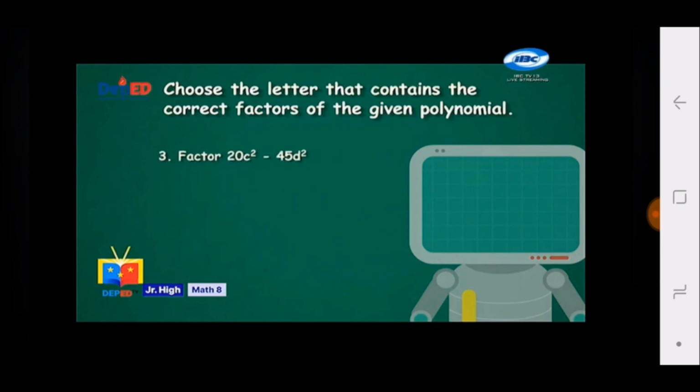Number 3, factor 20c squared minus 45d squared. The choices are A, the quantity 2c plus 3d times the quantity 2c minus 3d. B, the quantity 4c plus 9d times the quantity 4c minus 9d.